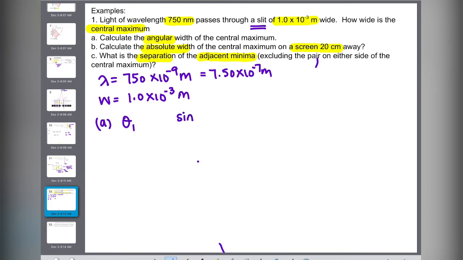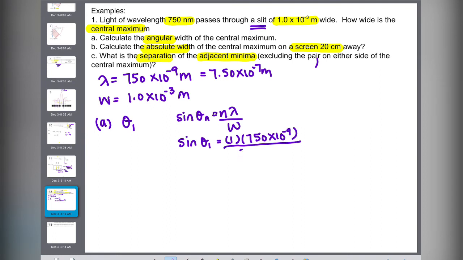Okay, so the equation is sine theta n equals n lambda over W. So sine of theta 1, which is what I'm looking for, is 1 times the lambda, which is 750 times 10 to the -9. And then the width is 1 times 10 to the -3.